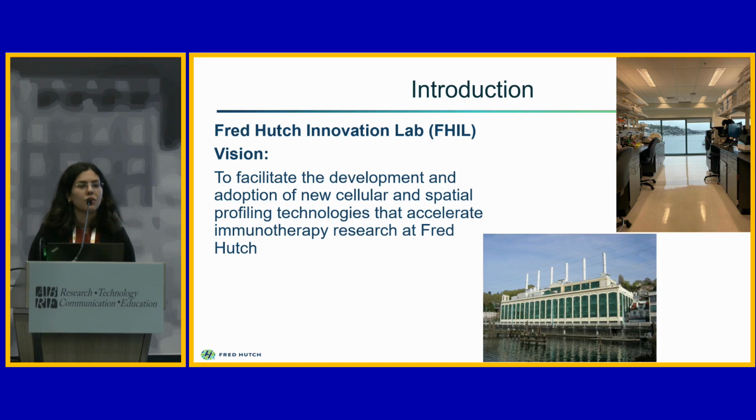So I'm part of Fred Hutch Innovation Lab, which is a group inside the Fred Hutchinson Cancer Center. What we do is actually try new technologies and benchmark them, and we try to tell the PIs in the labs, based on their biological questions, what would be the best approach for them and the best technology for them.